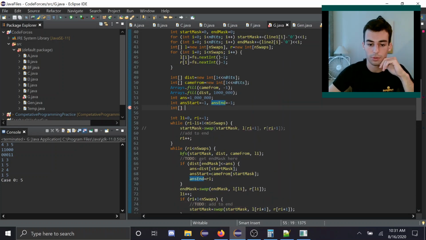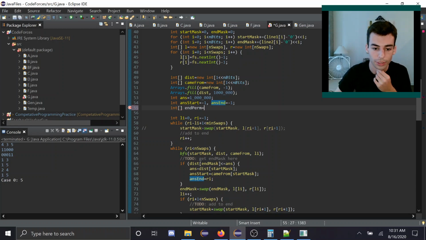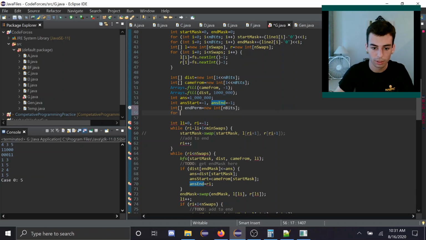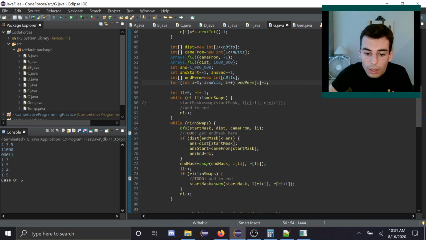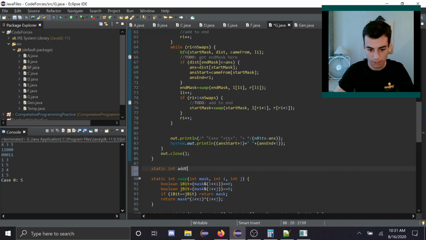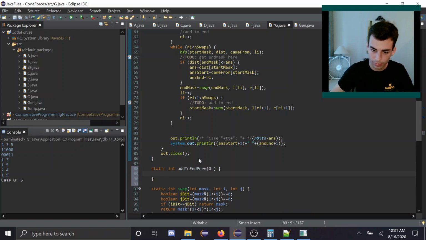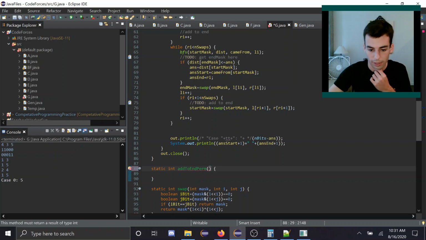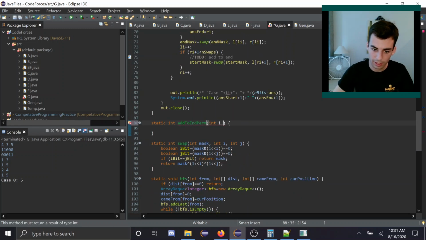So we've got the end perm equals new interarray n, or n bits. End perm at I equals I. Now static int add to end perm, int I, j, interarray perm.